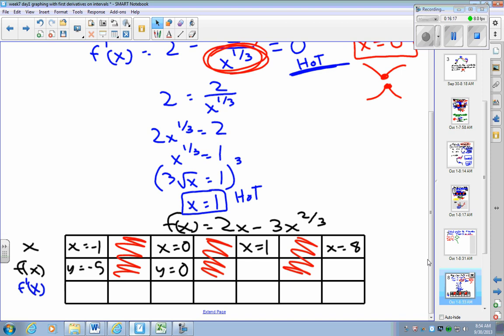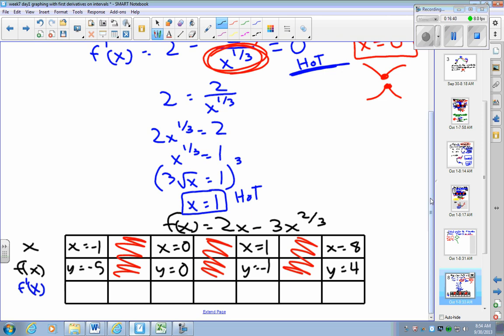Now I'm going to plug in 1, and I get -1 here. And I also want to plug in 8. That gets me a 4. Okay?